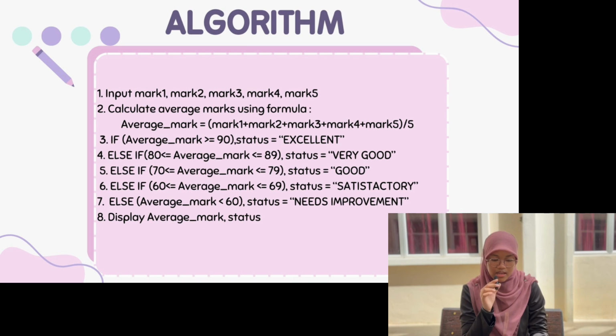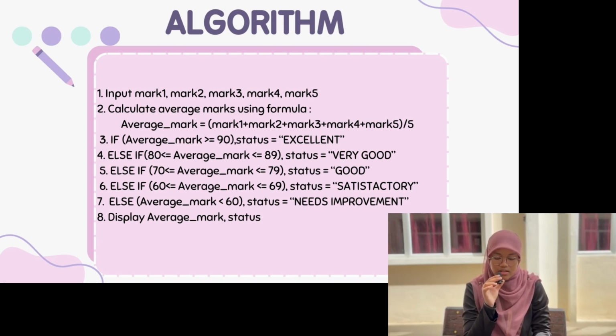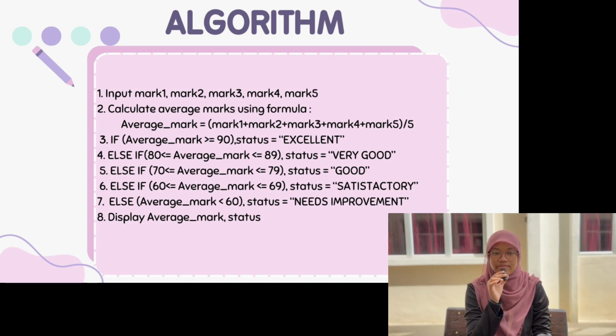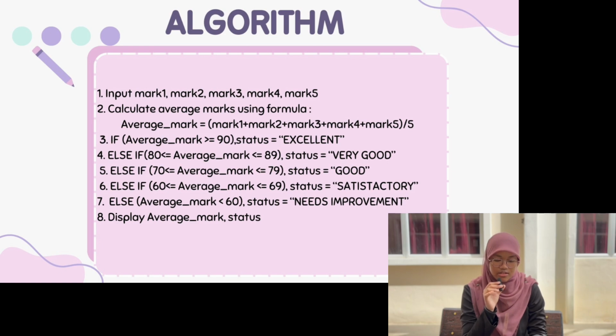Then if average mark is 90 or more, status is excellent. If 80 to 89, status is very good. If 70 to 79, status is good. Else 60 to 69, satisfactory. Else average mark less than 60, status is needs improvement. So the last is display average and status.